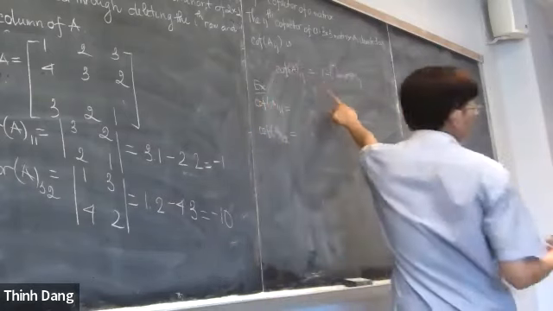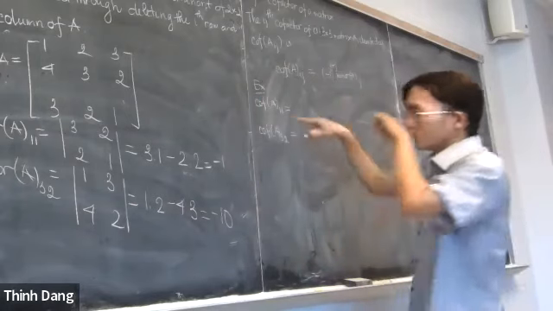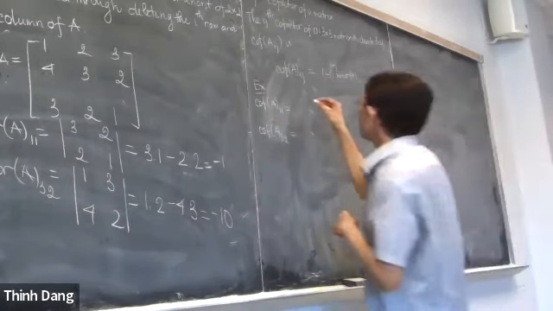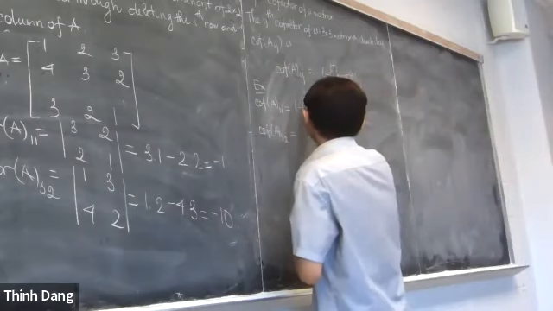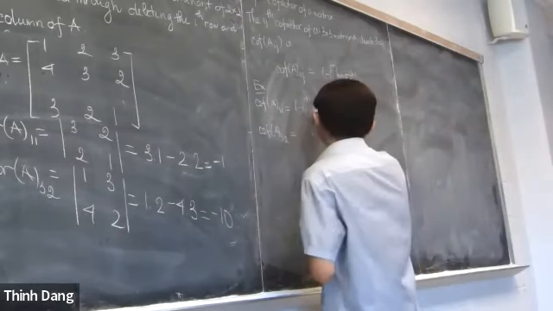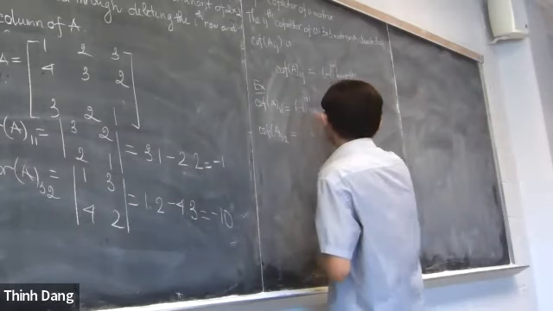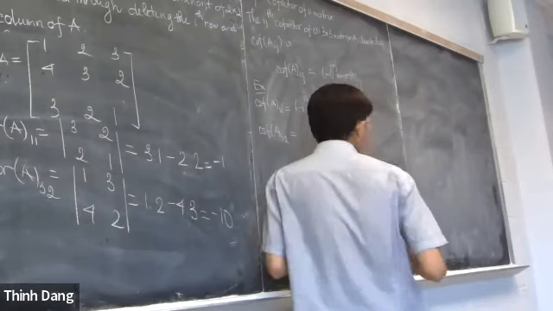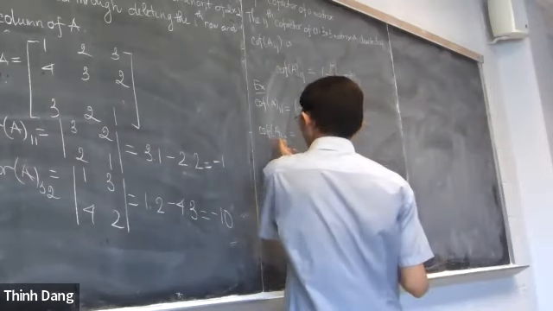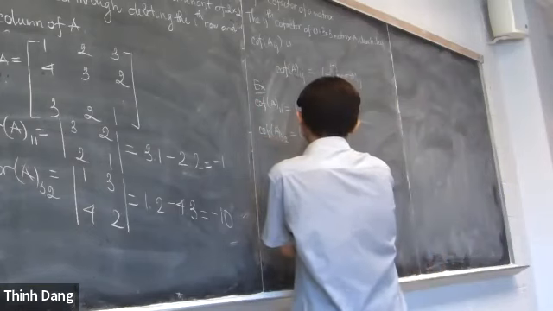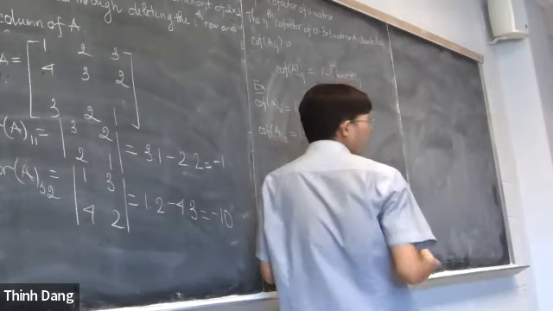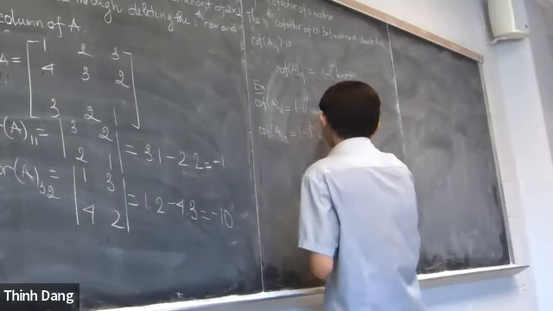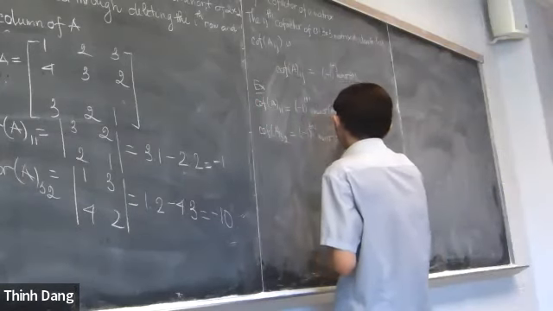simply I'm going to use this formula. The cofactor A11 should be equal to -1 to the power of 1 plus 1 multiplied by the minor A11. On the other hand, the cofactor A32 should be equal to -1 to the power of 3 plus 2 multiplied by the minor of A32.